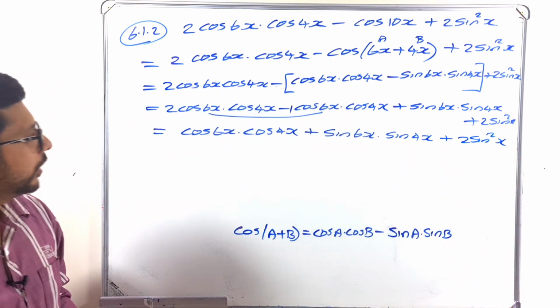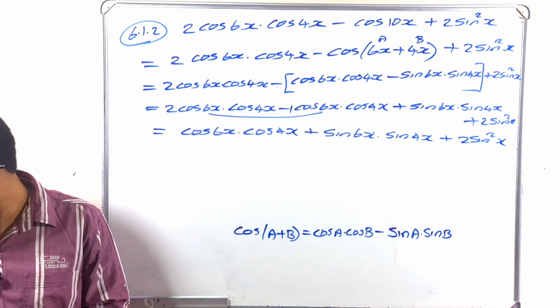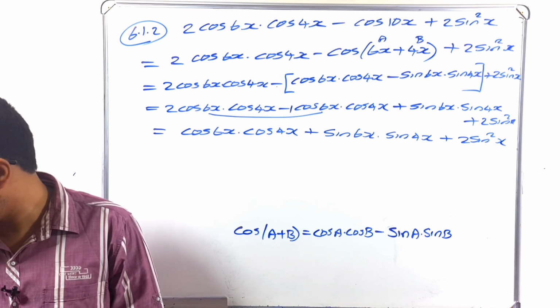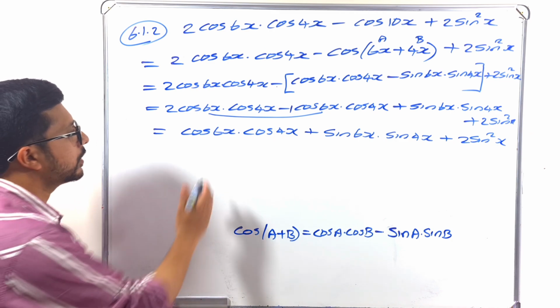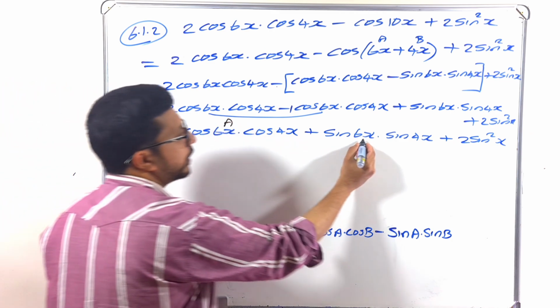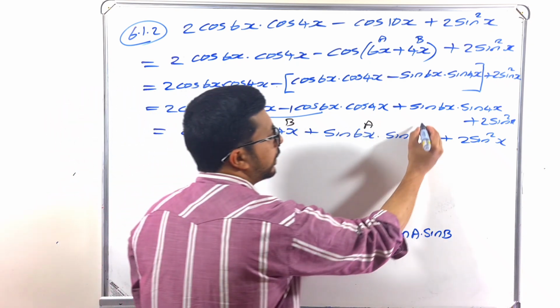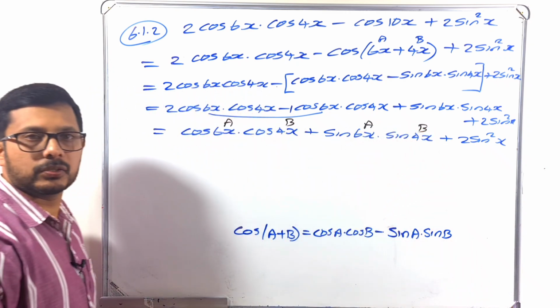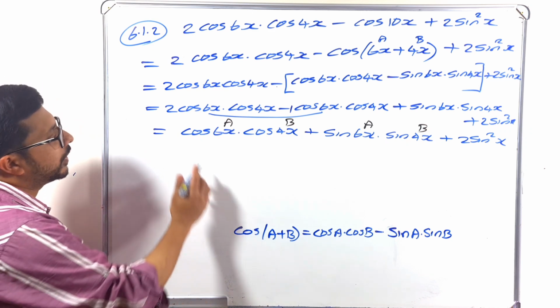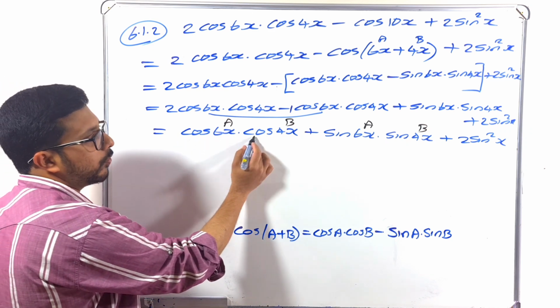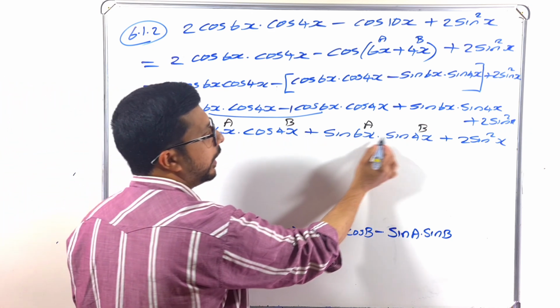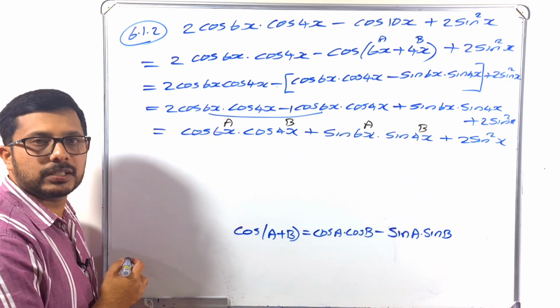So here if I call this 6x as a, and this 4x as b, let's read it like that: cos a cos b plus sin a sin b. So what is that one?